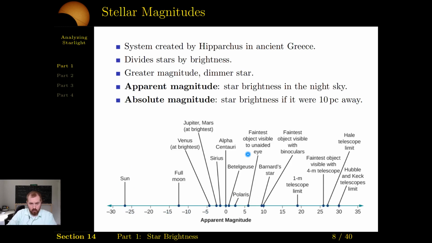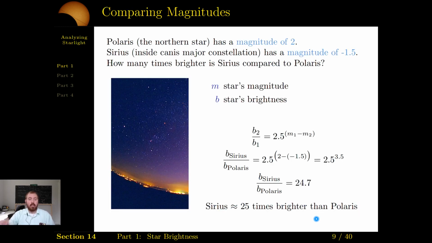Go to the faintest stars. With our unaided eyes, we can see about a magnitude of 5.5, right? And there are more stars out there, the brightness goes down the further they are. And so the further away something is, the less bright it is, the larger its magnitude.